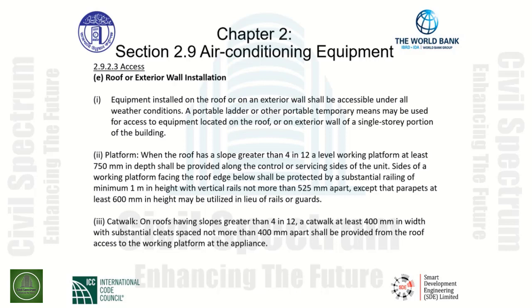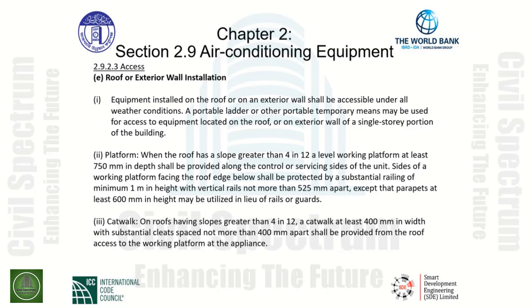We also have to have installed a railing of 1 meter in height with vertical rails not more than 525 millimeters apart. This is to prevent falls and fall protection for the service personnel working on the equipment or appliances on this roof accordingly. Item E3, catwalk.